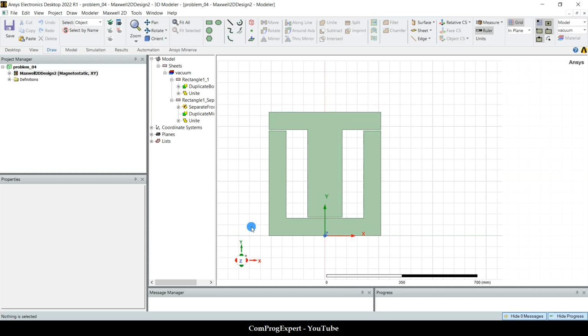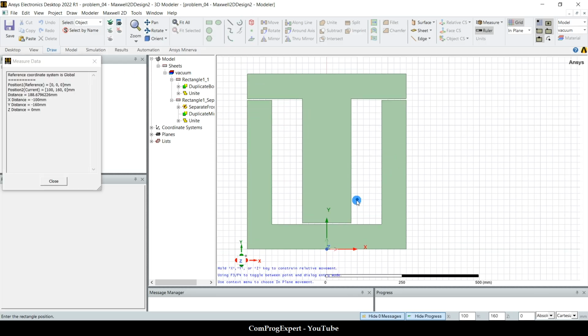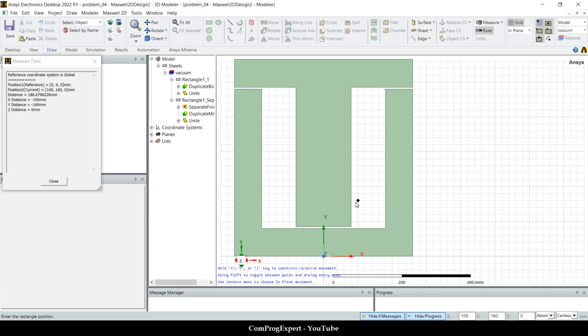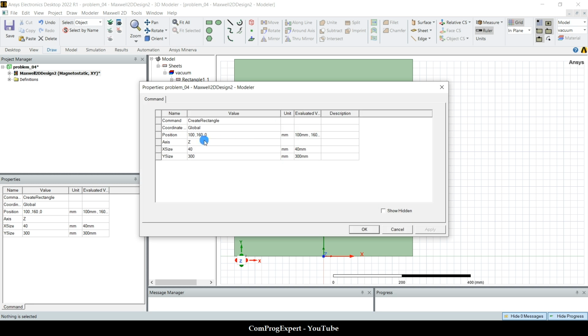Perfect. Now let's create the coil arms. We have one coil arm here. So for this rectangle, let's set this position equal to 8.2.